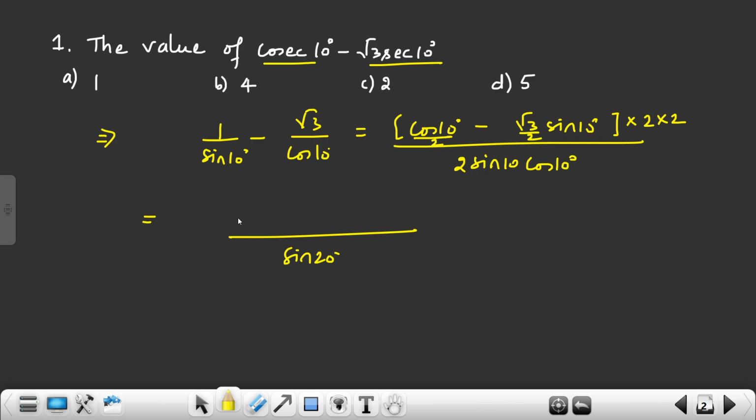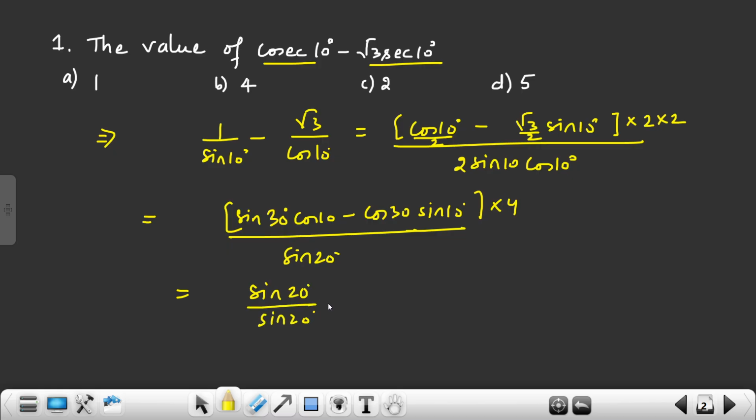Now this will be, I can write 1 by 2 as sin 30, cos 10, minus root 3 by 2 as cos 30 sin 10, and into 4. Now you can say sin a cos b minus cos a sin b is nothing but sin (a minus b). So 30 minus 10 is 20, by sin 20 into 4.